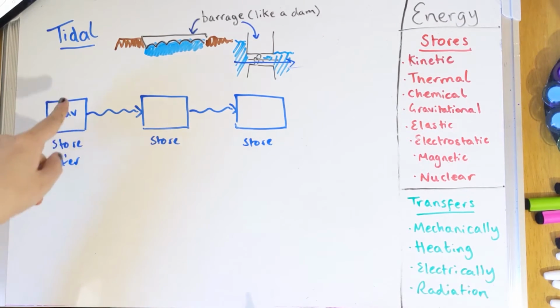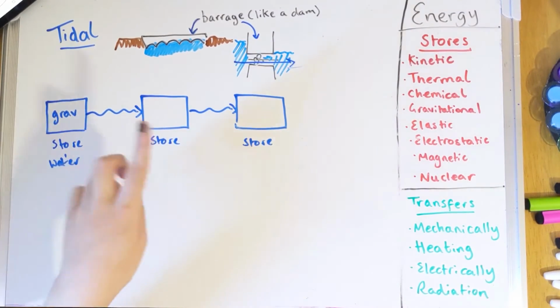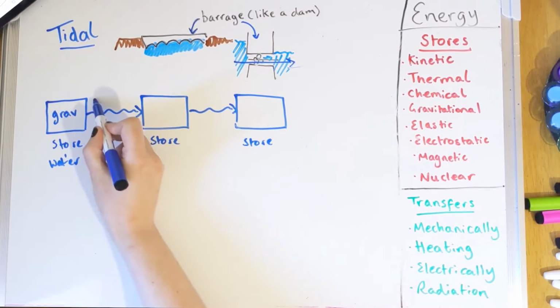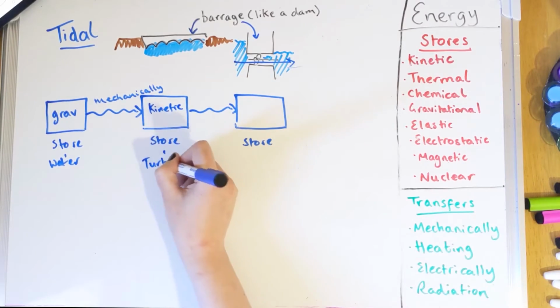Then that gets released and it mechanically transfers energy into that kinetic store in the turbine so it can spin. The turbine will spin and that will electrically transfer energy into that chemical store in that battery again, or directly to the device that it's powering if it's smaller. I need a smaller turbine, not a smaller device. You put the energy through it and blow it up.